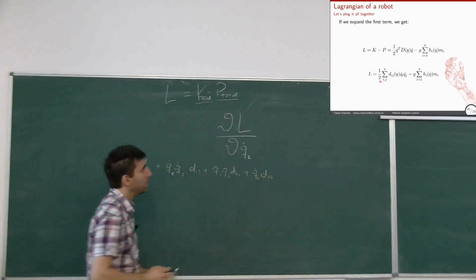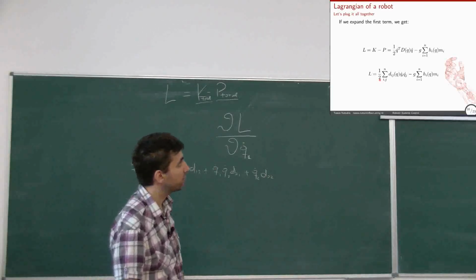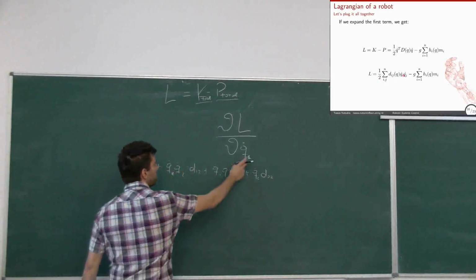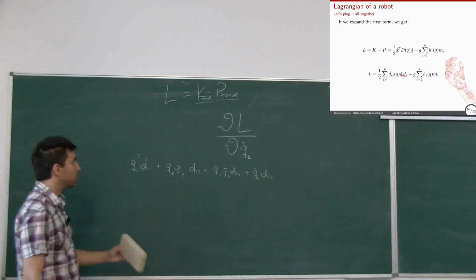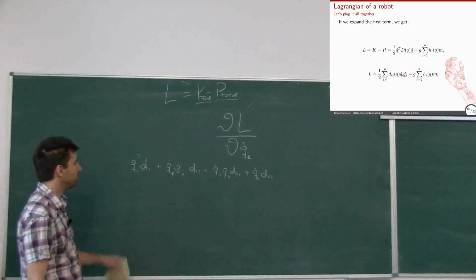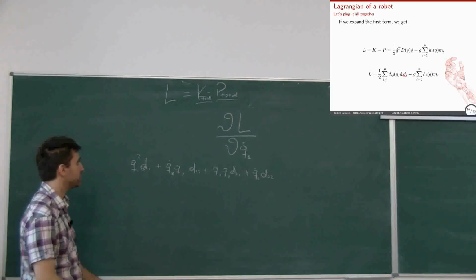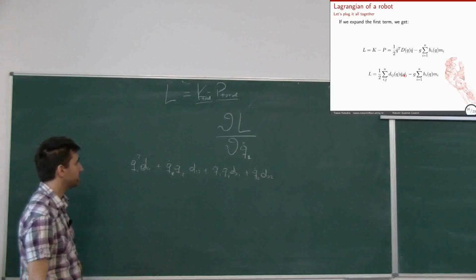That's how these terms were. So if I want to derive with q1 dot, which terms will go away, which ones will stay, and what will be the result?